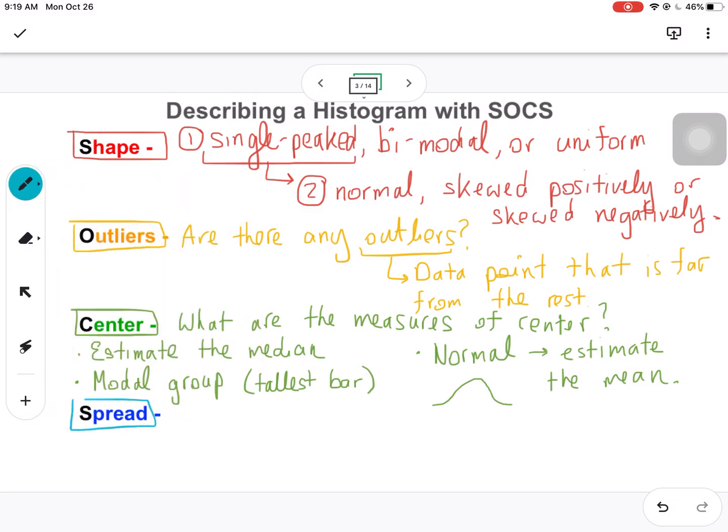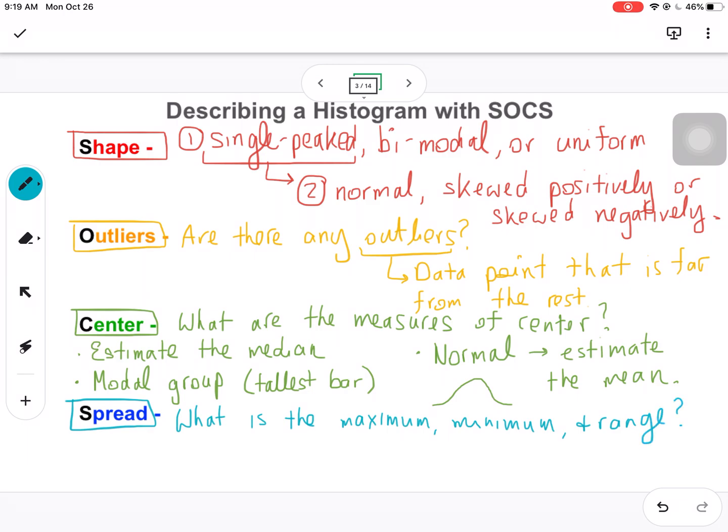And then the last thing to really think about on your graphs is the spread of your data. So that is asking, what is the maximum, the minimum, and the range of your data?